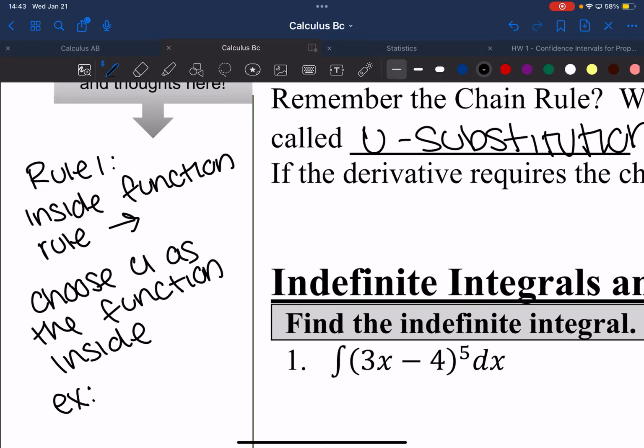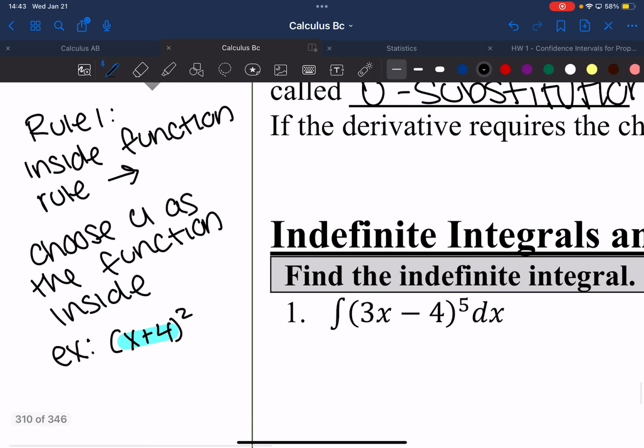So for example, let's say we had x plus 4 squared. The U would be x plus 4. It's inside. Or if we had the square root of x minus 2, the U would be x minus 2. It's inside.